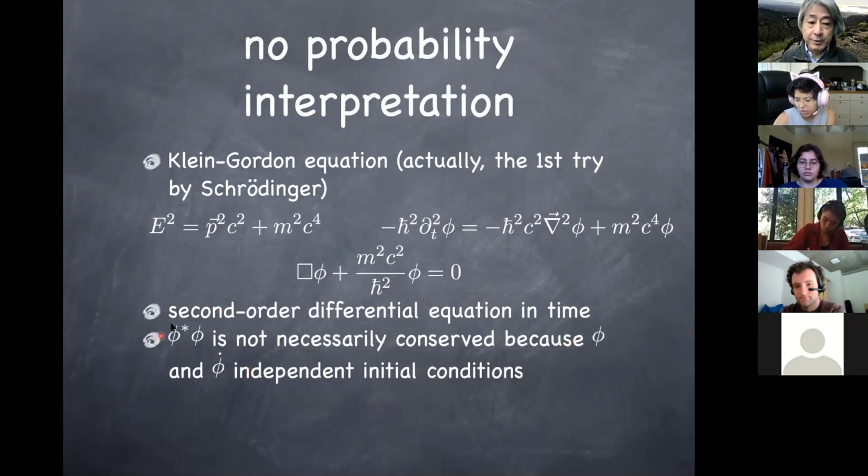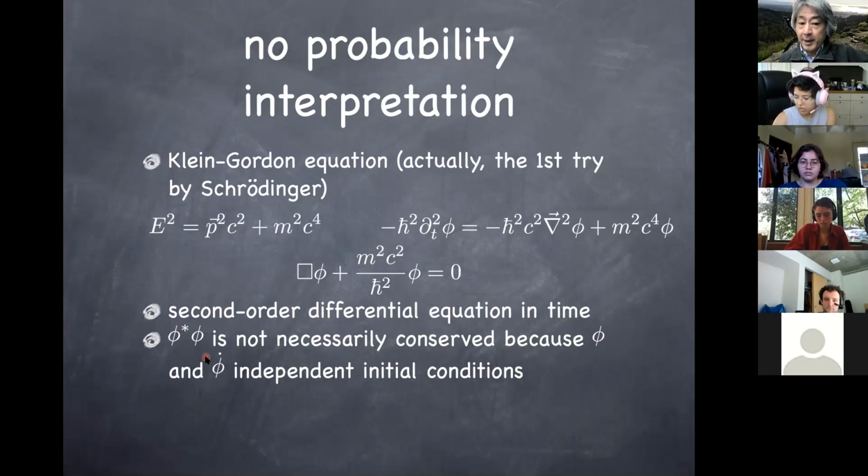When you build phi star phi, like what you did for the Schrödinger equation, psi star psi represented the probability density, because the spatial integral of psi star psi was just the normalization of the wave function. It doesn't change with time.